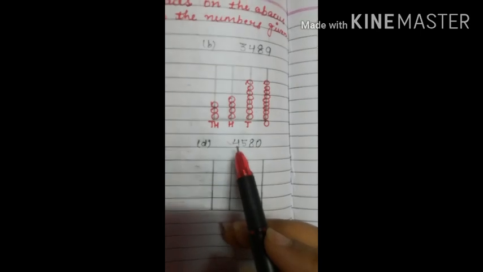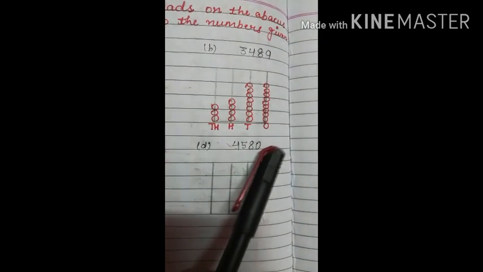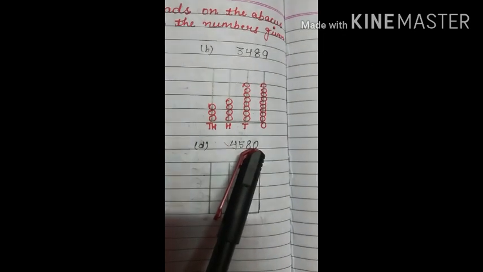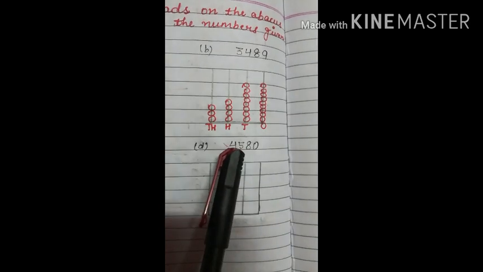Move towards the next part, the D part. Now here we have 4, 5, 8, 0. In this part you can see that on ones place we have 0, on tens place we have 8, on hundreds place we have 5, and on thousands place we have 4.